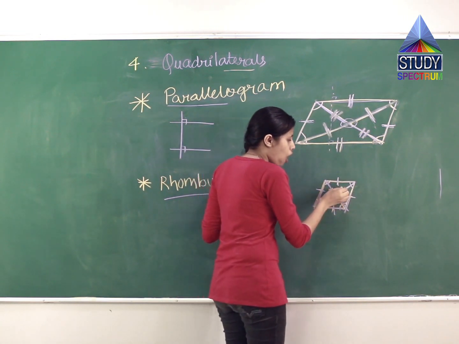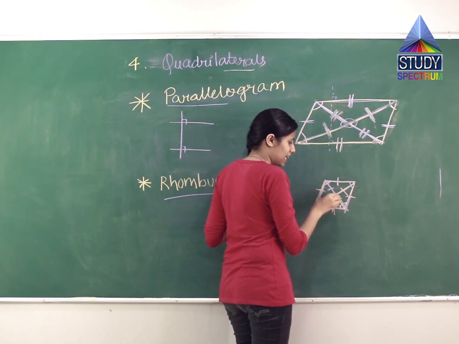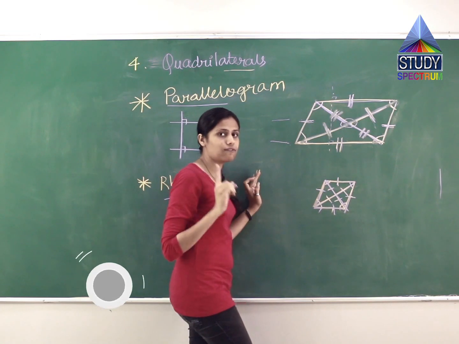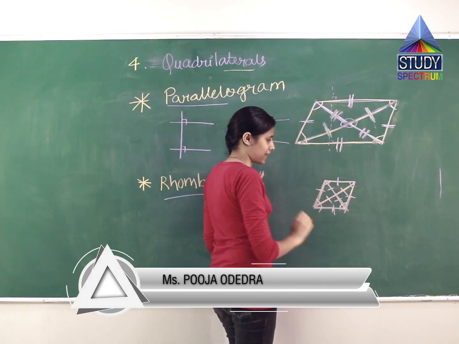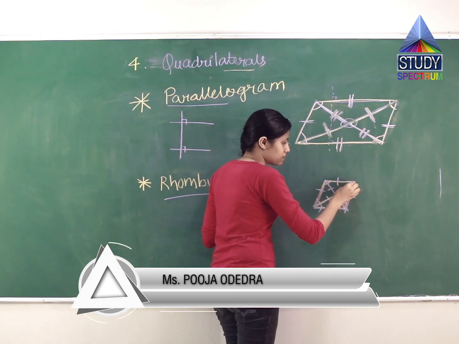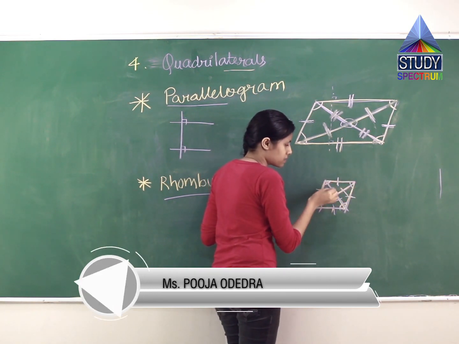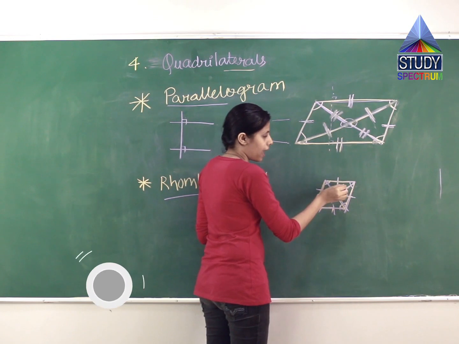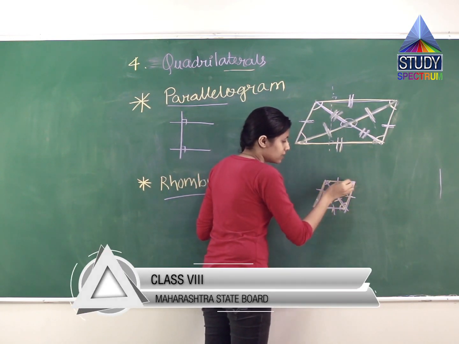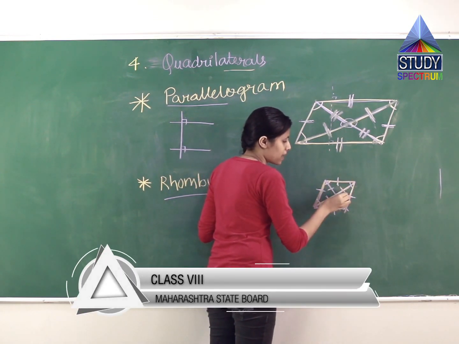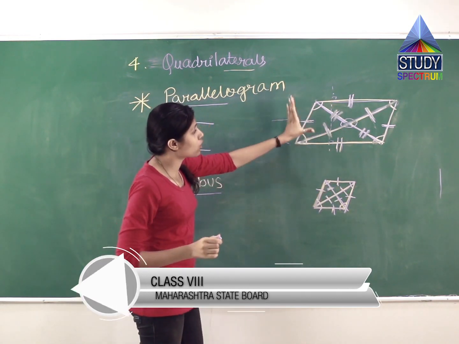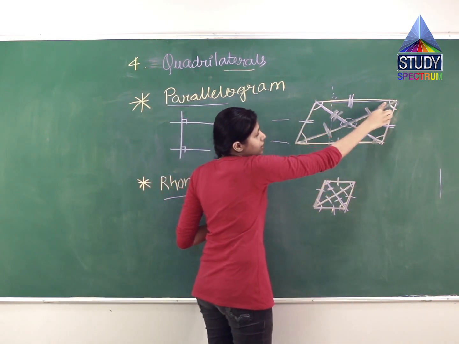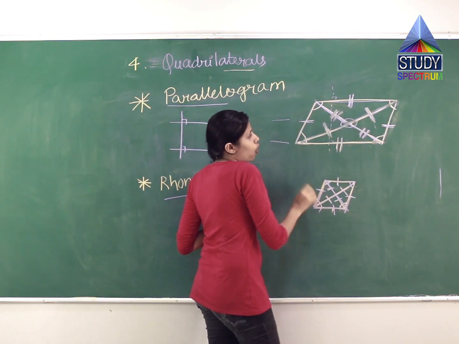Over here, all the halves are equally divided. All are having only 1 unit. They are properly equally bisected by both the diagonals. This diagonal is cut by this diagonal, and they are equal in length. This diagonal is also cut by this diagonal, equal in length. Why does this happen? Because of the length. See over here, this diagonal is a bit longer than this.